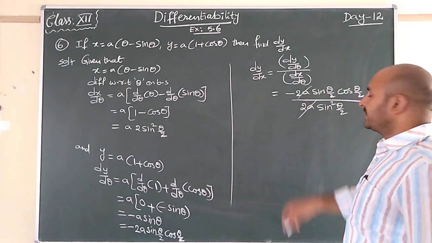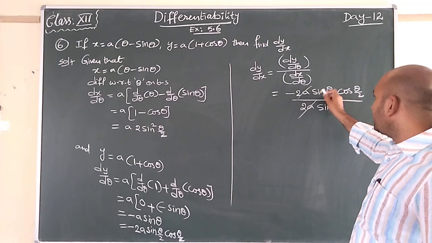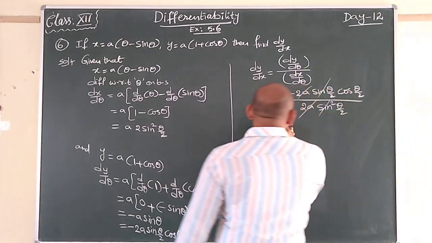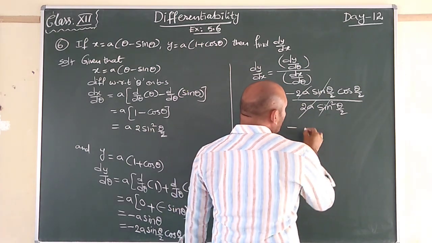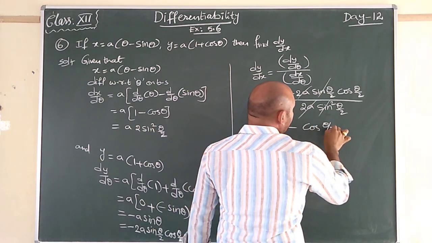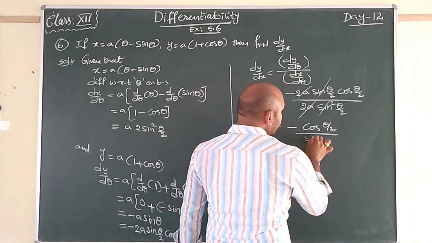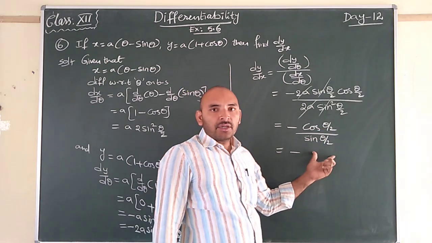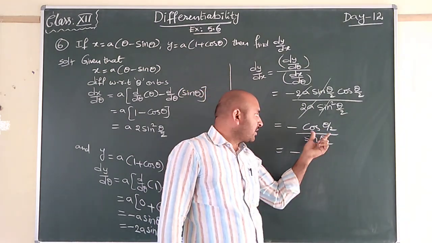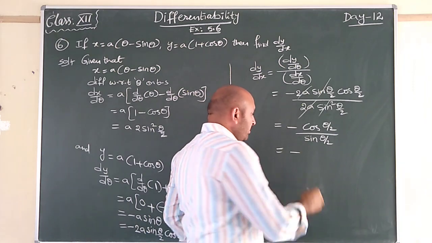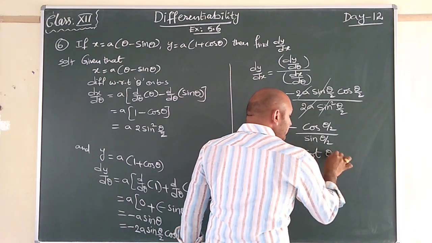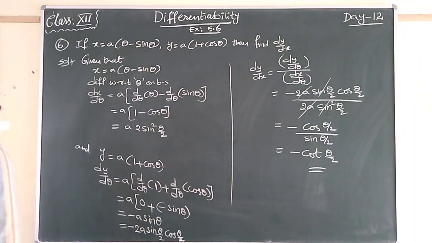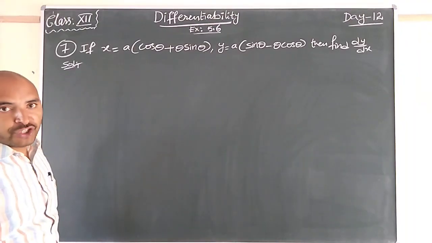So 2a gets cancelled, numerator one sin theta by 2 and denominator two sides, one side cancels another. You will get minus cos theta by 2 upon sin theta by 2, which is minus cot theta by 2.